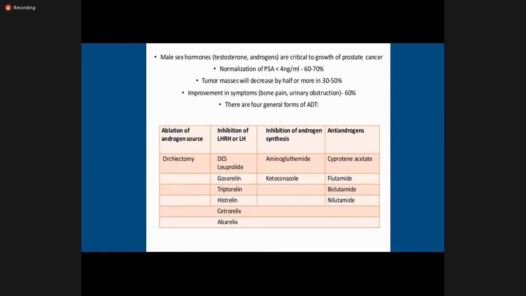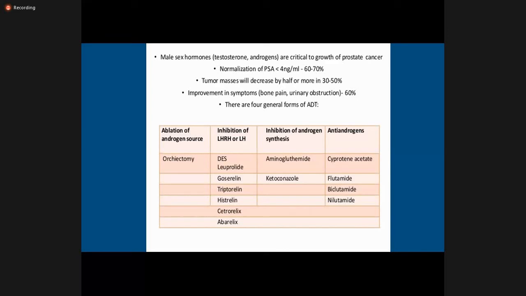There are so many drugs written over there: leuprolide, goserelin, triptorelin, histrelin. You don't need to remember all these drugs, but you should know that this cancer is androgen dependent or hormone dependent.